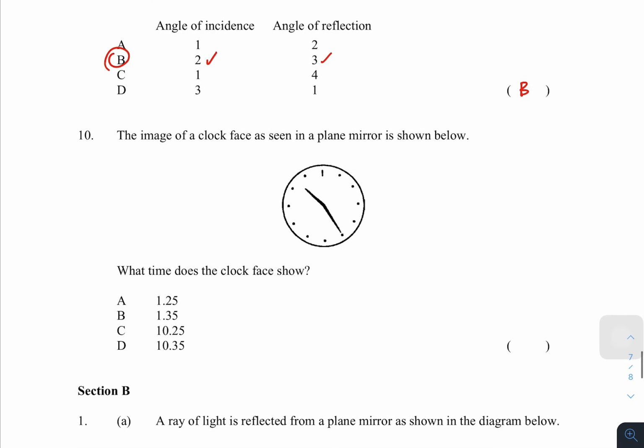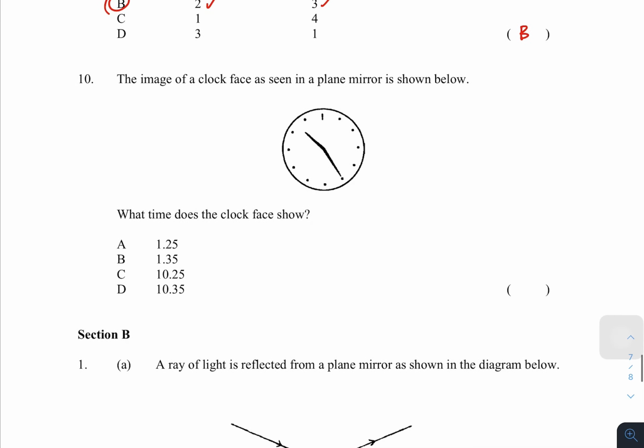Okay, number 10, the image of a clock face as seen in the plane mirror is shown below. What time does the clock face show? Because we are looking at a laterally inverted image, we can see this is 12, 1, 2, 3, 4 inverted would be this, 5 would be like this, 6, 7, 8, 9, 10, and 11.